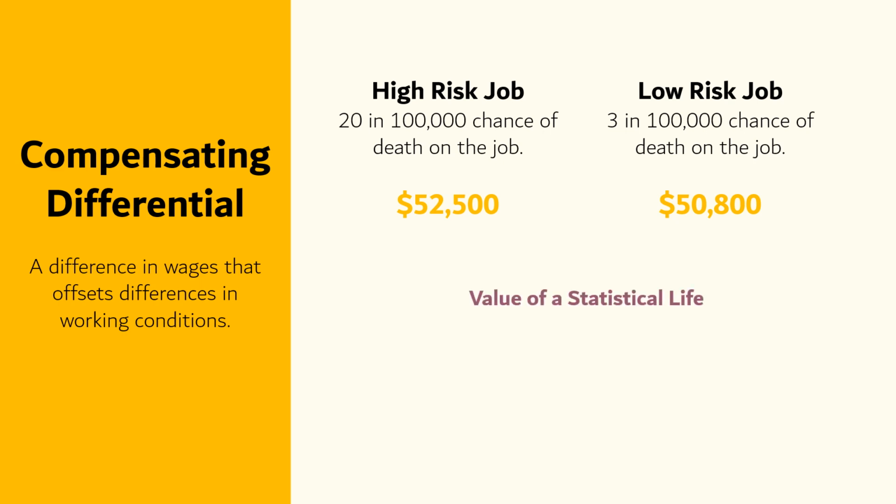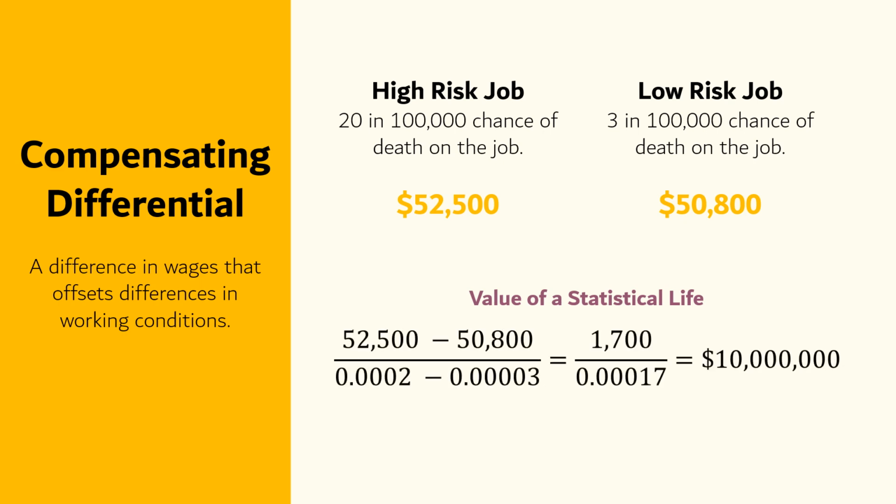In order to calculate the value of a statistical life, we need to take the difference in the salary and divide it by the difference in the risk of death. We can see that the difference in salary is $1,700. A 20 in 100,000 chance of death works out to a probability of 0.0002, which you get by just dividing 20 by 100,000.